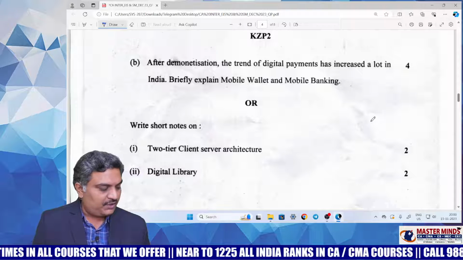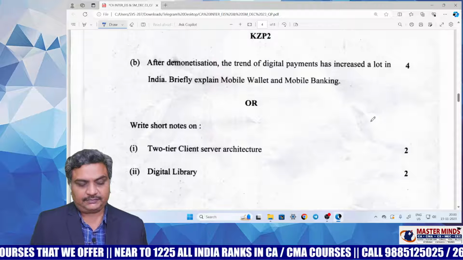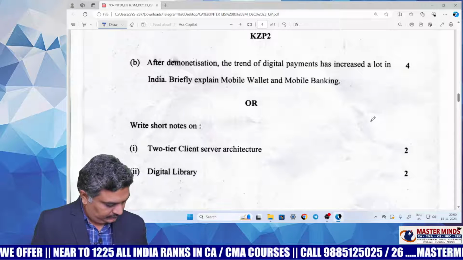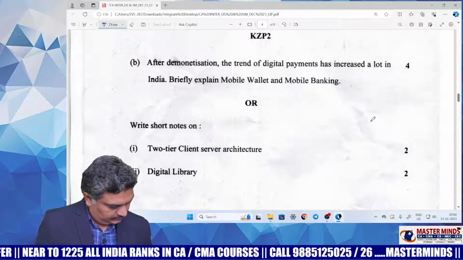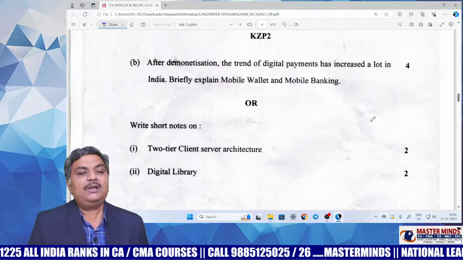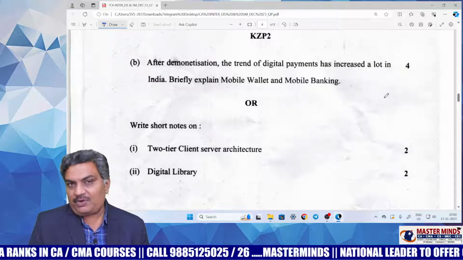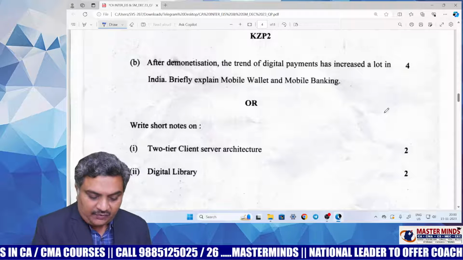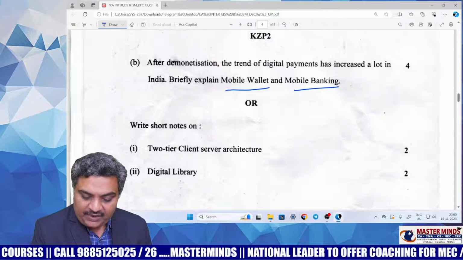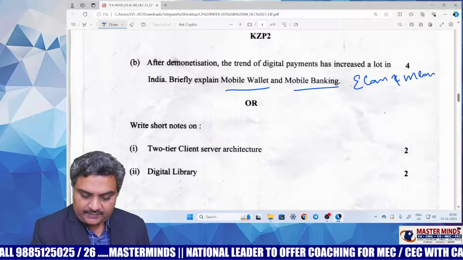From that, you can definitely write this question. In emerging technologies, we have e-commerce, m-commerce and emerging technologies. So whenever this question, mobile wallet and mobile banking, is there, it is from e-commerce and m-commerce.